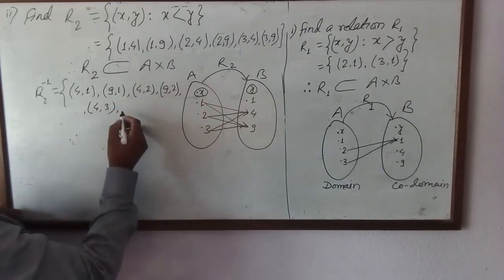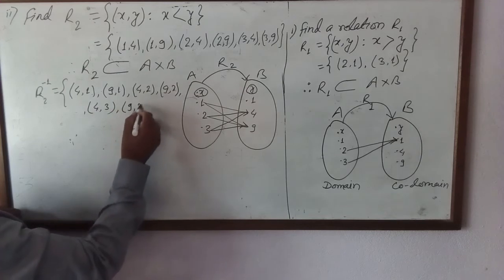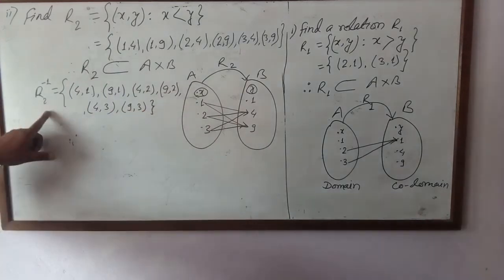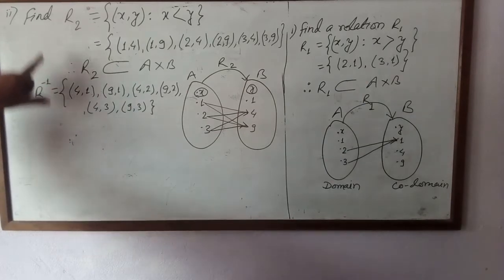And 3, 9 will be 9, 3. Now this is the inverse relation of R2.